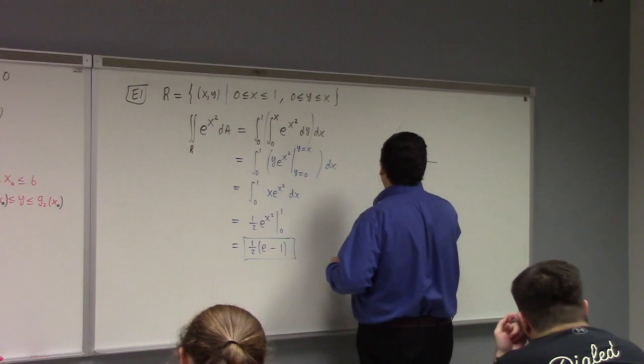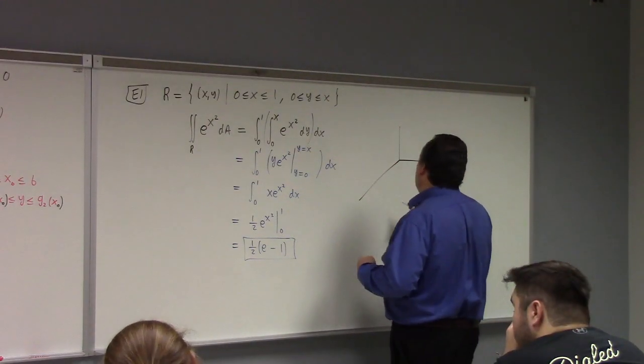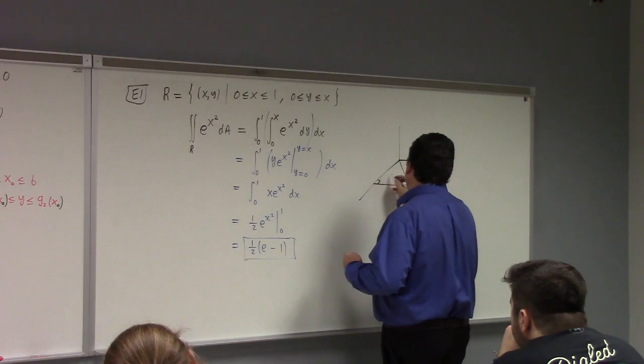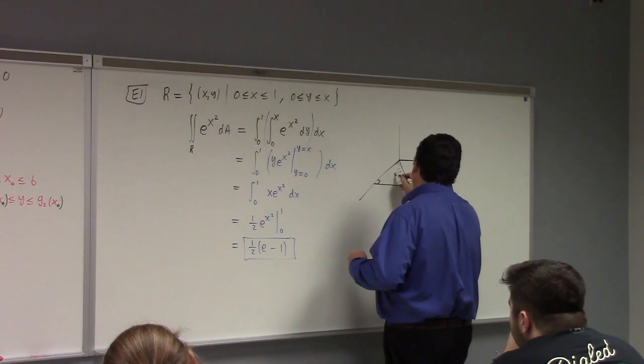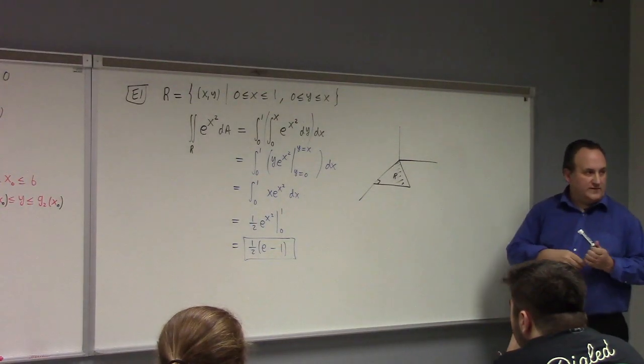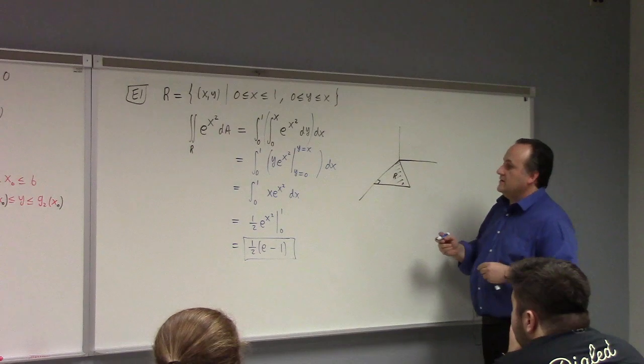But the region 0 to 1, y equals x. So here's the region, right? It's like a triangle, right? We can visualize it that way.